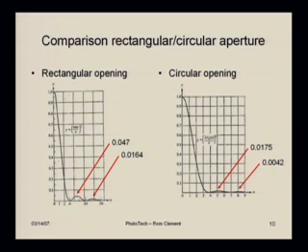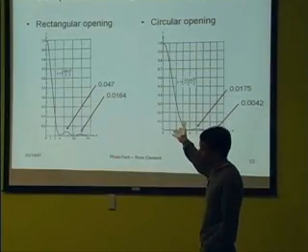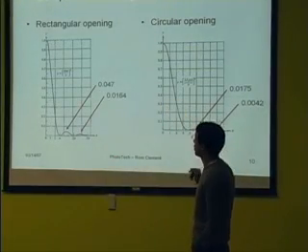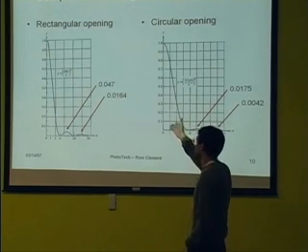It's normalized, of course, to 1 for the maximum, but the secondary peak in the case of a rectangular aperture is less than 5% of the total, and the second one is less than 2%.